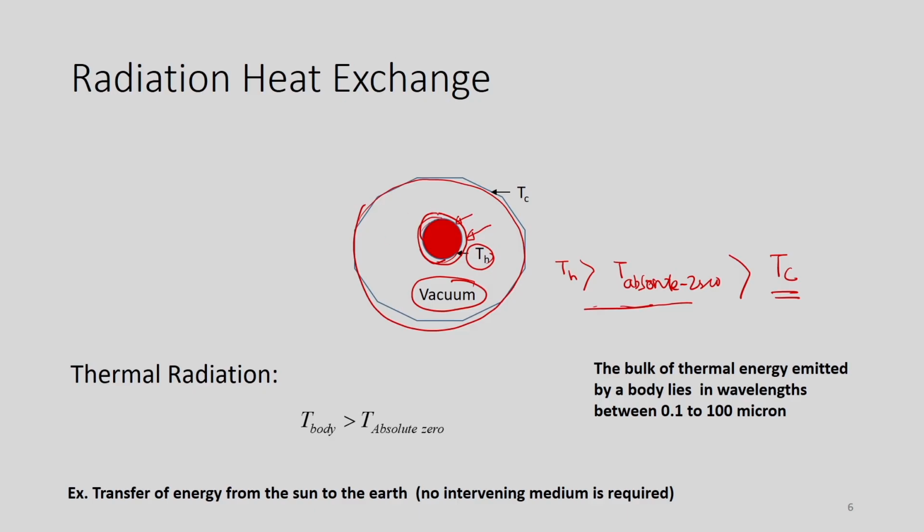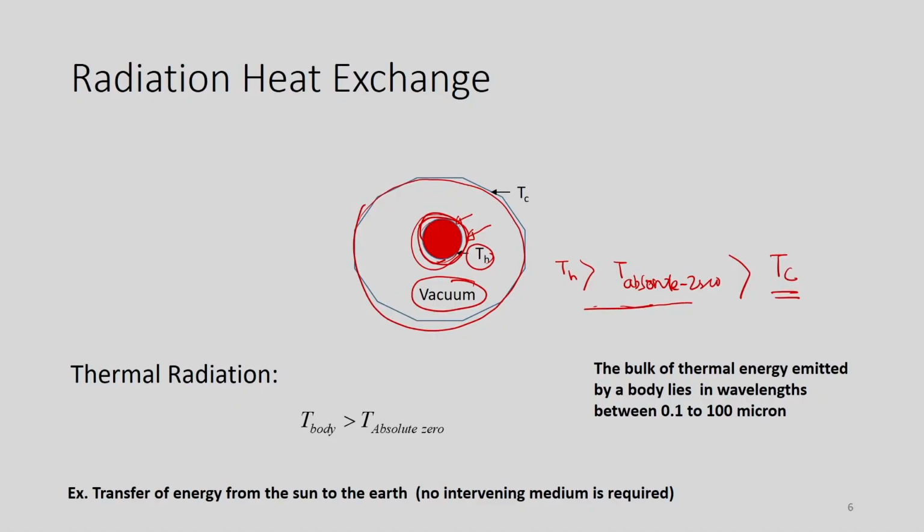This is kept in vacuum. No convective heat transfer will take place, only radiation exchange will be there. So, because of that, this object will be cooled. And the same thing happens when radiation is propagated from the Sun surface to the Earth surface.